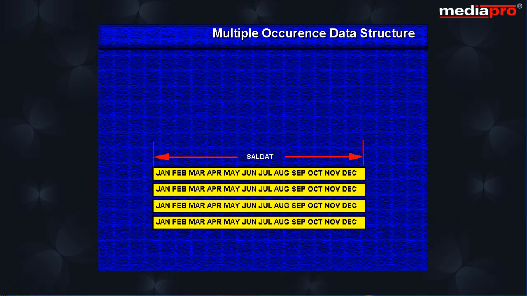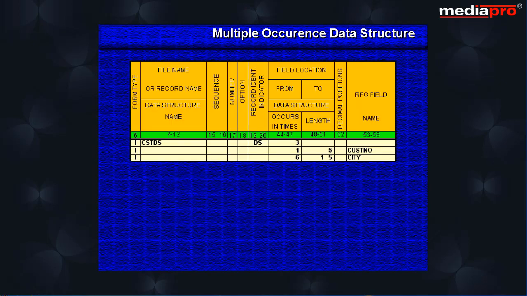Let us move on to multiple occurrence data structures. A multiple occurrence data structure is nothing but multiple copies of a data structure. It is very similar to an array in the sense that multiple values can be stored for the same field. All the copies have the same format and attributes.